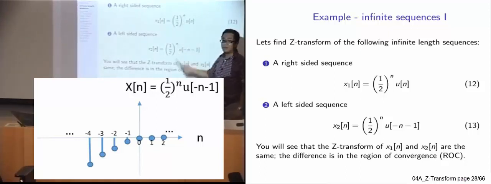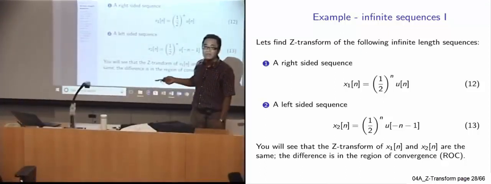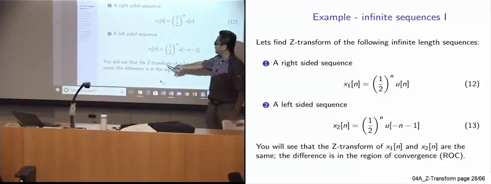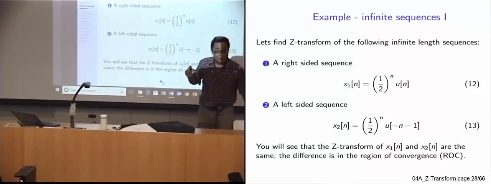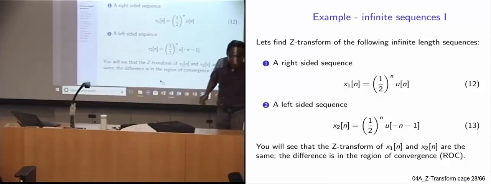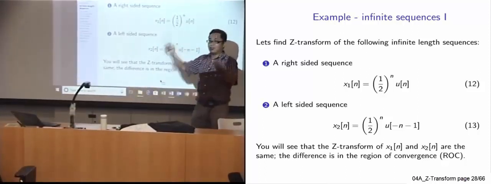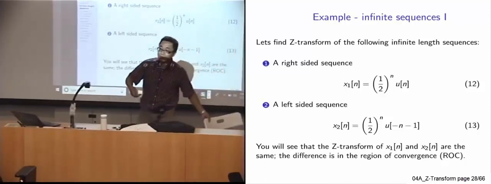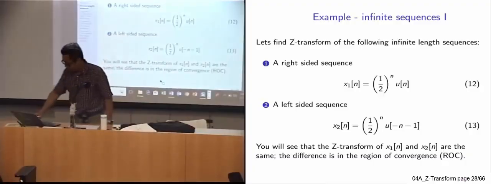Is this equation and this equation the same? No, of course not. It's obviously different. But you realize that the Z transform is the same. The only difference is the ROC. Because how can two equations that look different have the same Z transform? So something else must be different. Okay? So let's try.